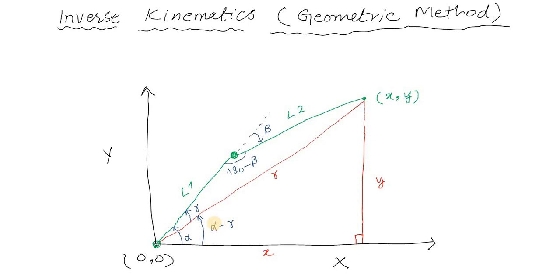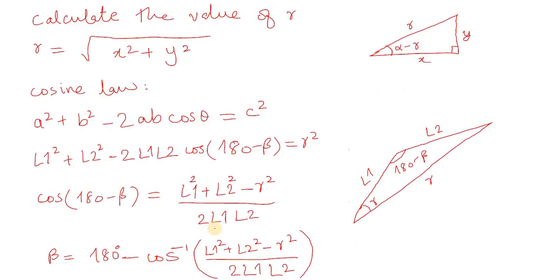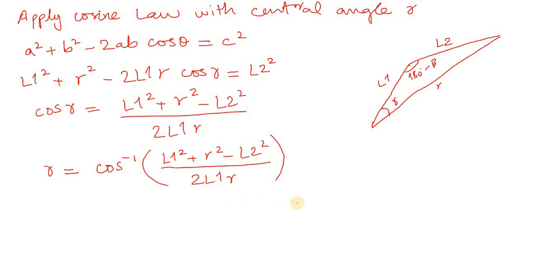So from here we can calculate our angle alpha. So let's draw this triangle again, the right angle triangle. Alpha minus gamma, this was r, this was your y, and this was x.